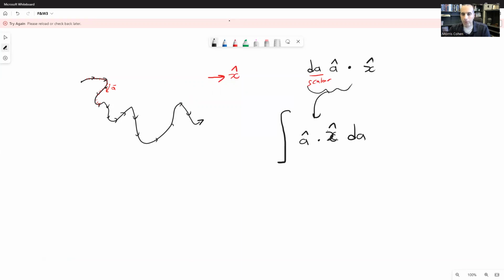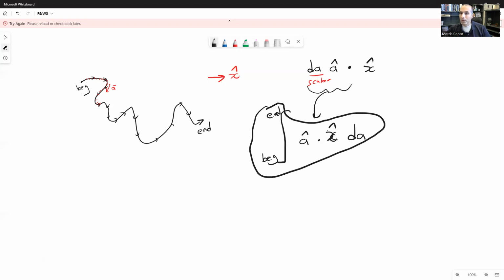The limits of this integral will simply be the beginning and the end. We need some sort of parameter that traces the path. Maybe it's the actual length along the path, which may be a mile long, or if you're walking along the path, it could be time. I'm just going to put here beginning to end, and this is how we might set up an integral.